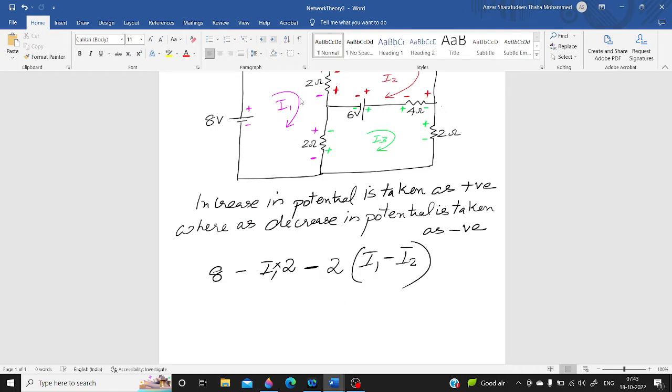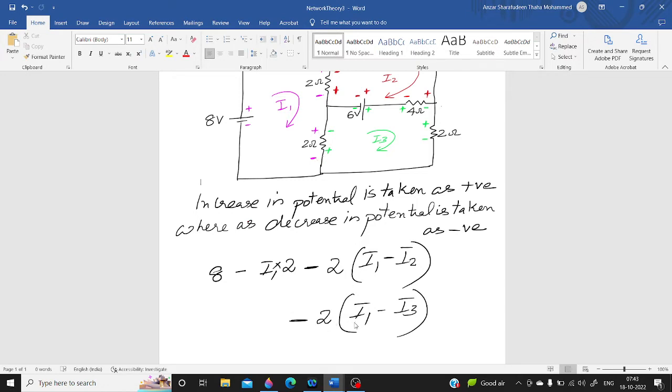Similarly is the case with this 2 ohm resistor. Along the direction of I1, if we consider mesh 1, here there is a decrease in potential in this 2 ohm resistor. So the polarity is negative, decrease in potential. The resistor value is 2, and the current we are considering is a positive current, which is I1, and opposite to that I1 there is the current I3 flowing through the 2 ohm resistor.